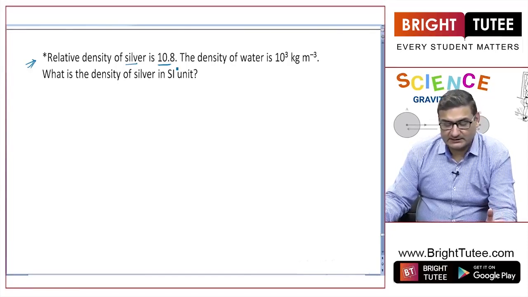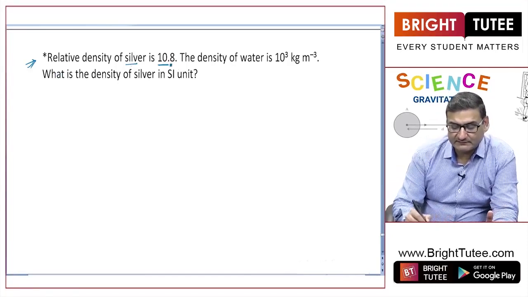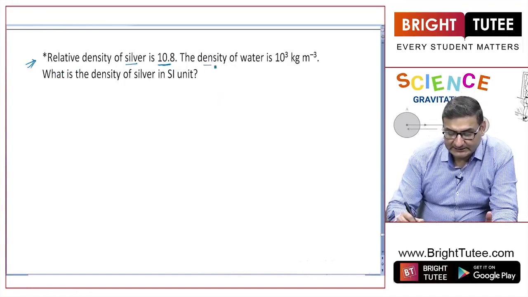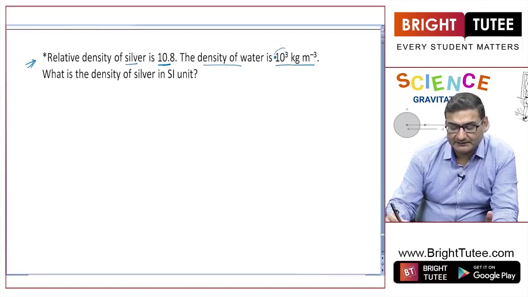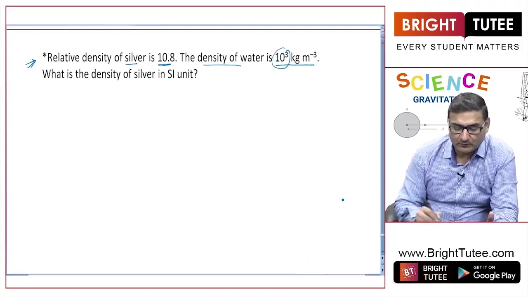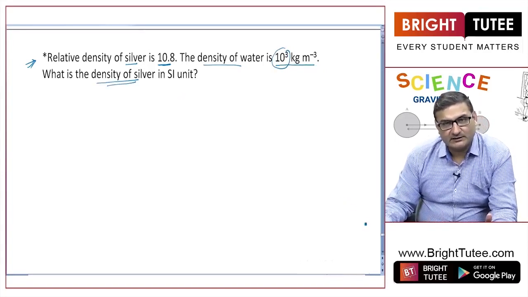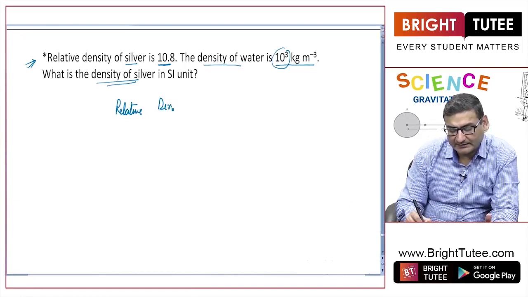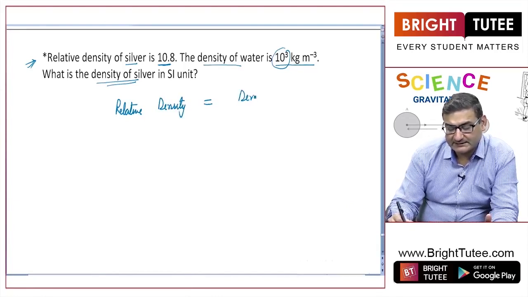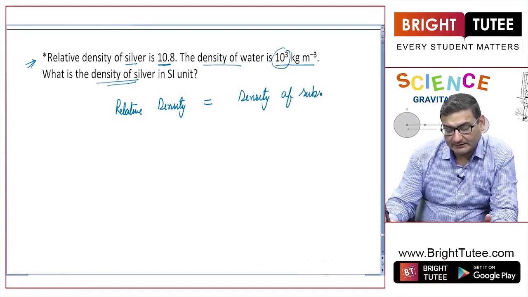Now in this question, let us continue. Relative density of silver is 10.8. The density of water, as we know, is 1000 kilogram per cubic meter, which can be written as 10 to the power 3 also. What is the density of silver? Now it's quite simple. We know that the formula for the relative density of a substance is the density of that particular substance divided by the density of water.